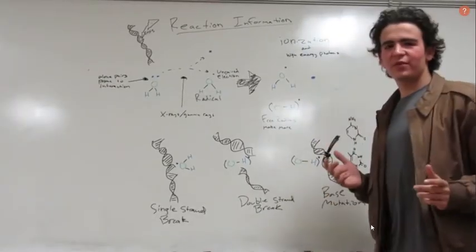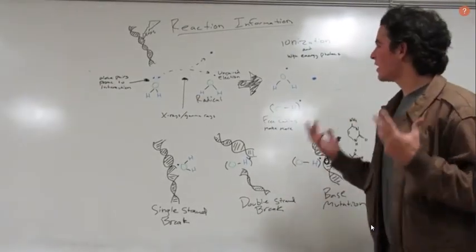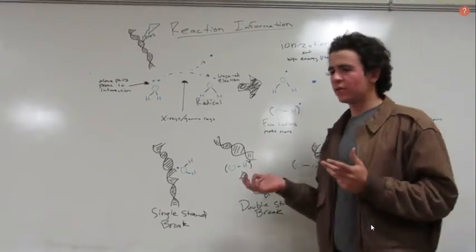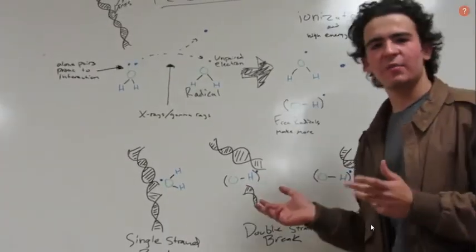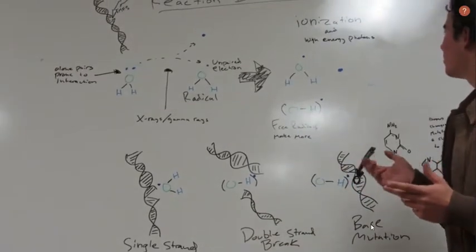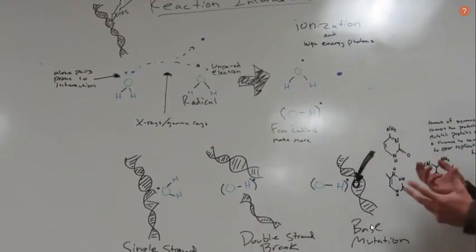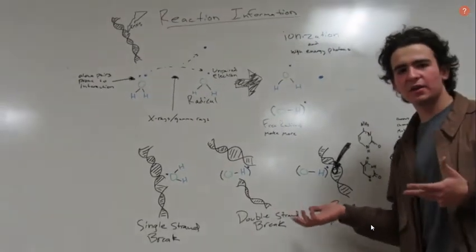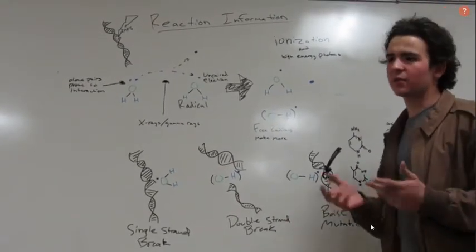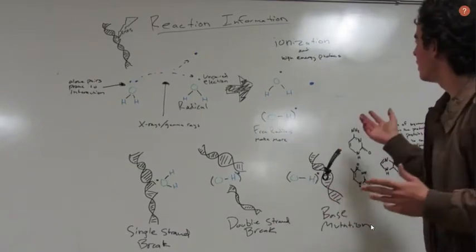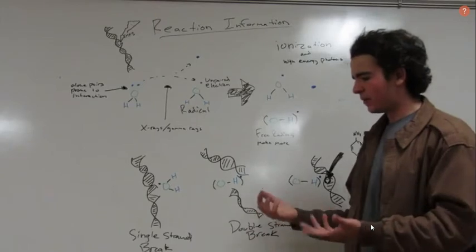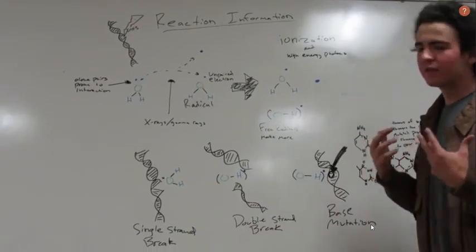Okay, so on this part of the video, I want to talk about the reaction information about MEFs, and most importantly, ionizing MEFs. Whenever we have these high energy photons, due to the high frequency of ionizing MEFs, like low wavelengths, they cause ionization. They come down onto our cells and they affect them because of their high energy.